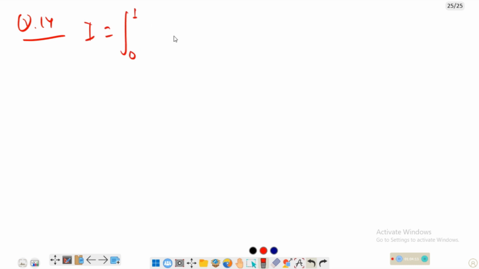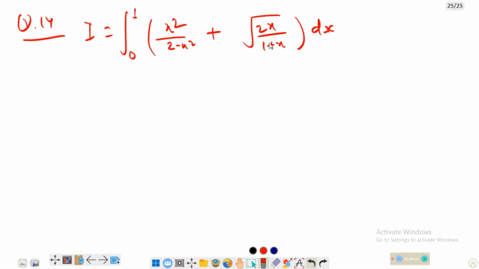Integration from 0 to 1, there are two parts, x square upon 2 minus x square plus 2x upon 1 plus x dx. Okay, so if we calculate one by one like that, let us assume I first calculate I1 is equal to the integral from 0 to 1 of x square upon 2 minus x square dx.